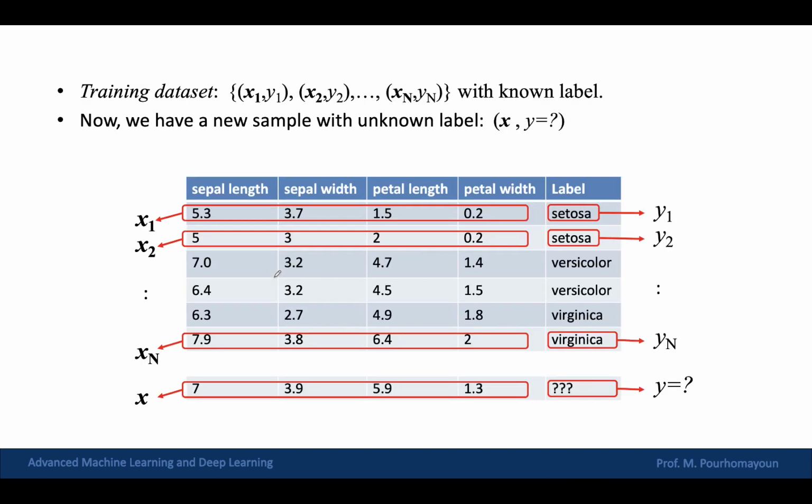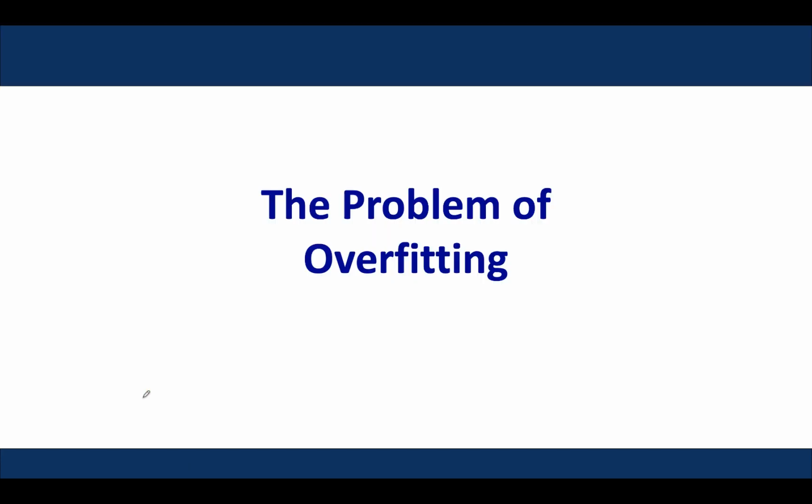So this is our training data, and this is our testing data, or future data. We receive these features and then predict the output that we would like to predict. So in the prediction stage, we only have features.